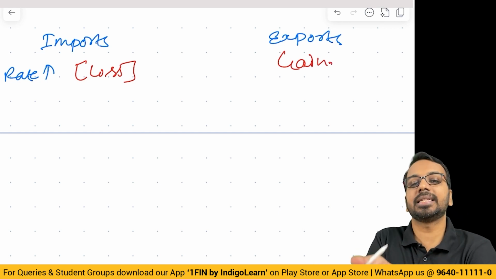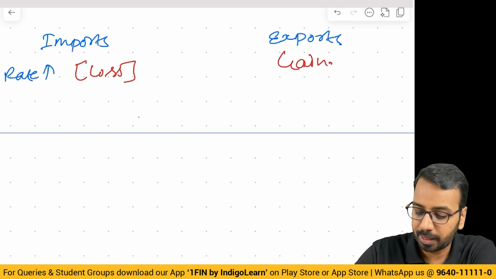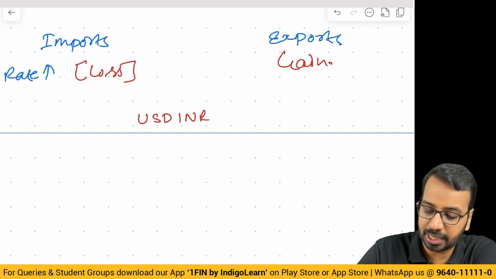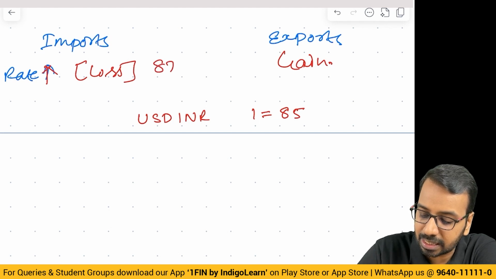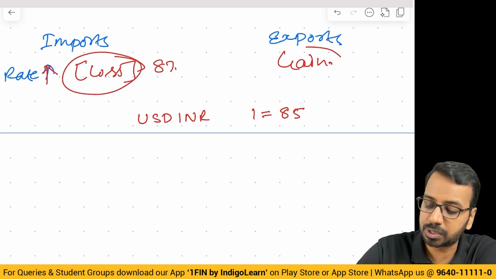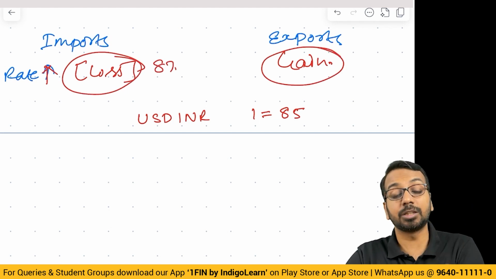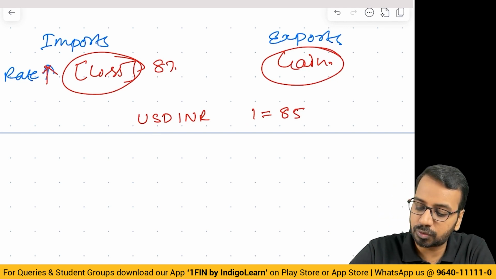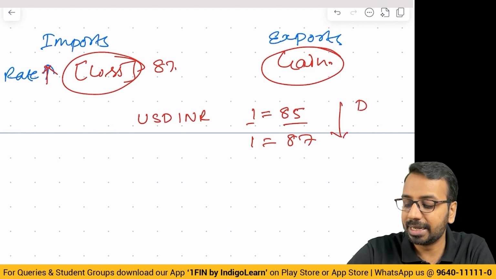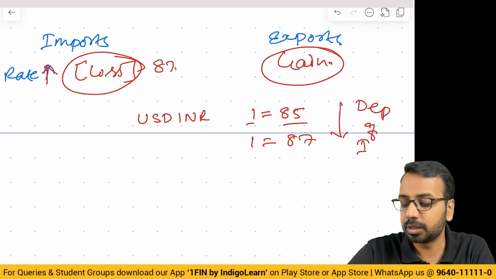When I say rate increases, USD INR exchange rate from $1 is equal to 85, if it increases to, let us say, 87, then there is a loss for imports, there is a gain for exports. That is why when INR moves from 1 to 85 to let us say 1 to 87, this is called depreciation of INR.